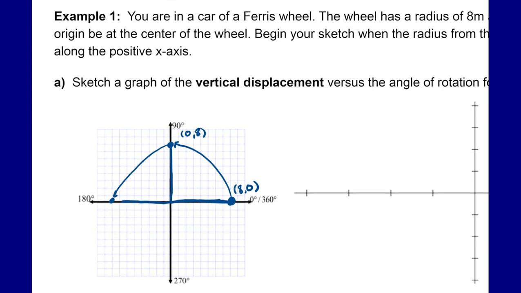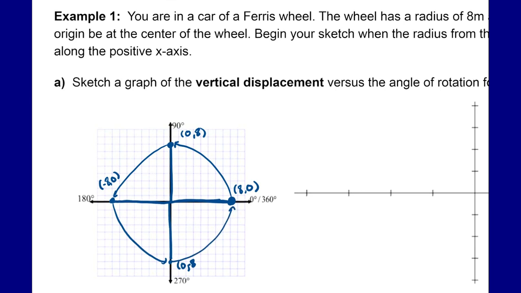This will be my next point, so this would be -8, 0. Then second last, it's going to come down to the bottom of my Ferris wheel, 0, -8, and then it's going to come back up to where we started.